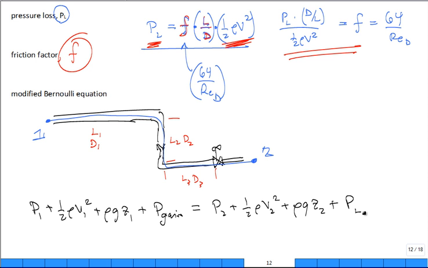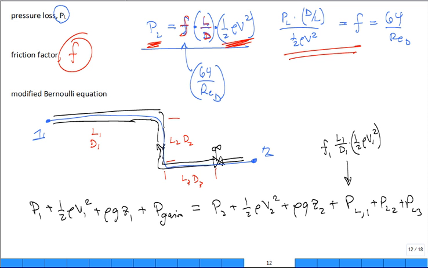And so we'll have the pressure loss in run 1, the pressure loss in run 2, the pressure loss in run 3. Okay? And how would you get that pressure loss in run 1, or that leg 1? That equation. It would be friction factor in that leg, the length 1 to the diameter 1 times the velocity pressure in that leg. Now, if you don't change the diameter and you don't divert some flow out of your pipe, then the velocity pressure in a lot of those legs in series will be the same.